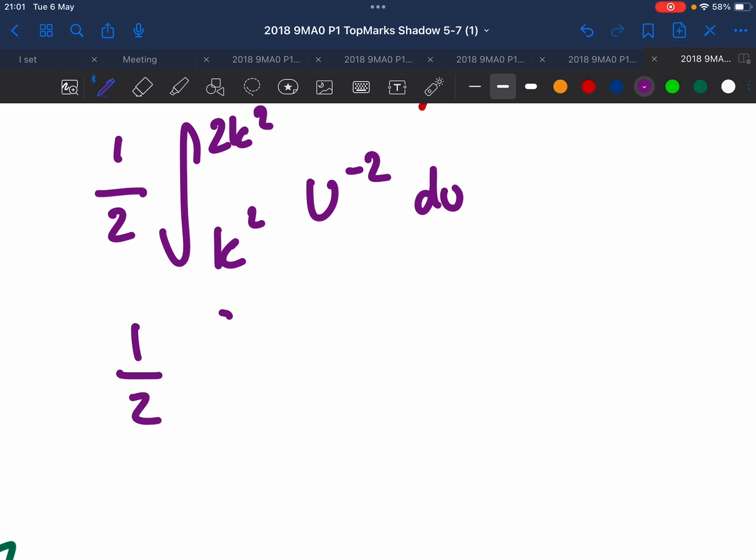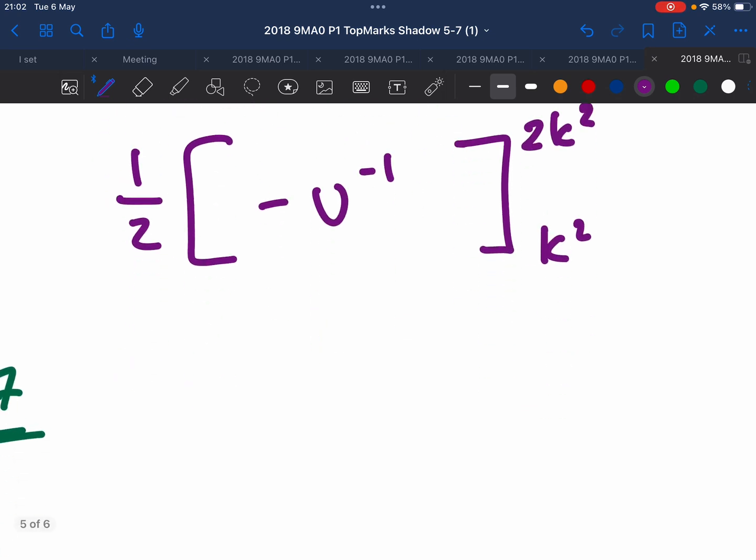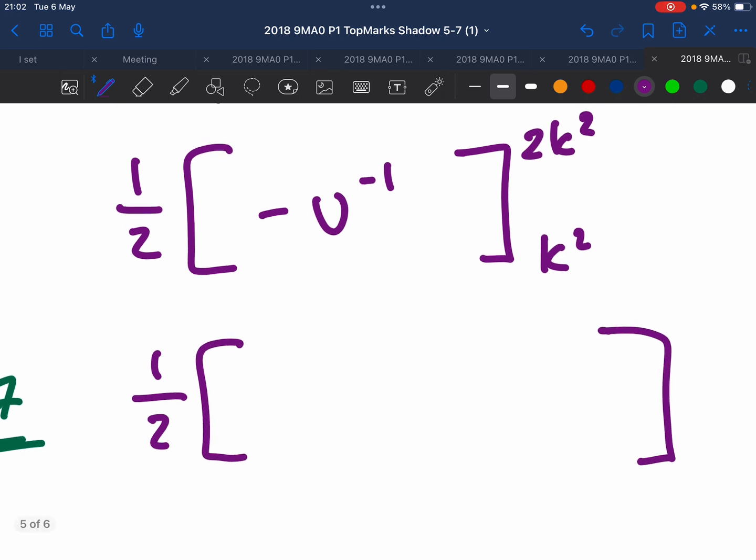So let's call this a half. And this is going to be a minus u to the minus 1. Let's just test that works. That looks good. And did we do our limits? I think we did, didn't we? So 1/2 of, let's do all of it in here, minus u to the minus 1.